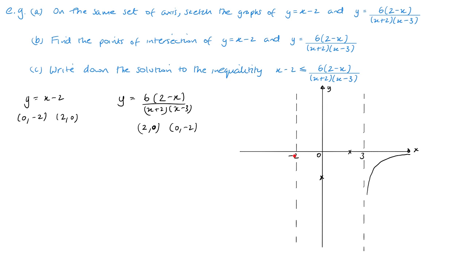Now looking at below minus 2, so say let's put in negative 3. 2 minus minus 3 is going to be 5. 5 times 6 is going to be 30. Okay. Then if I put in minus 3 plus 2 is minus 1. Minus 3 is minus 6. Minus 1 times minus 6 is going to be plus 6.